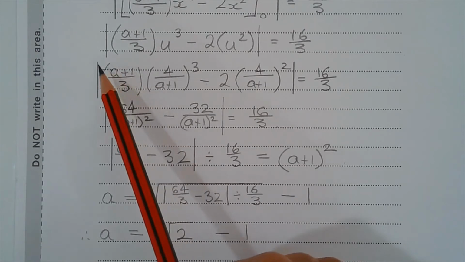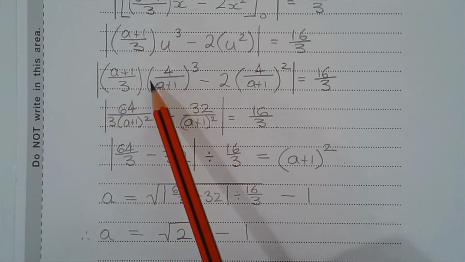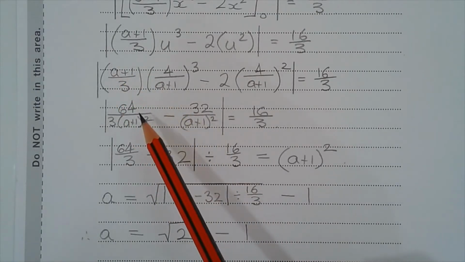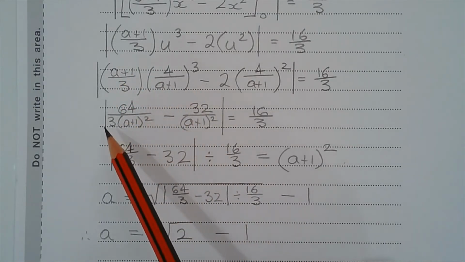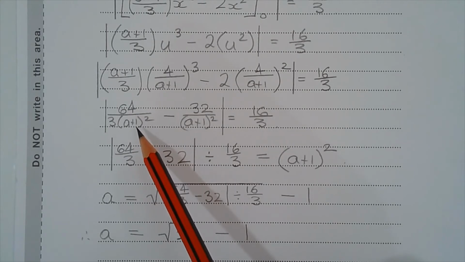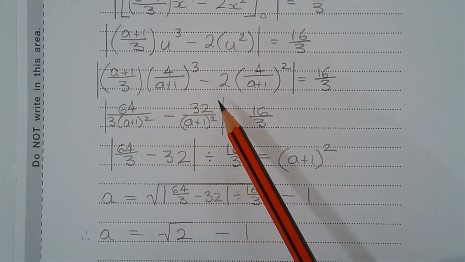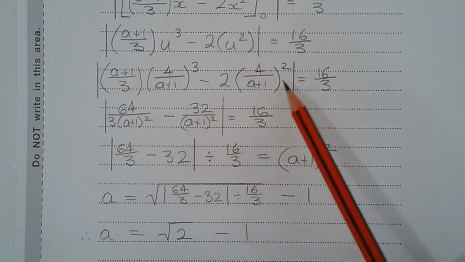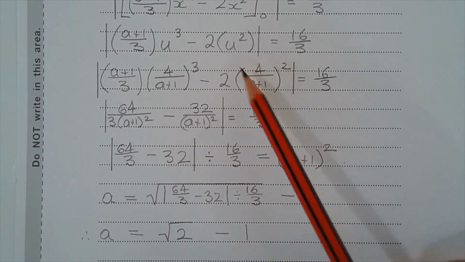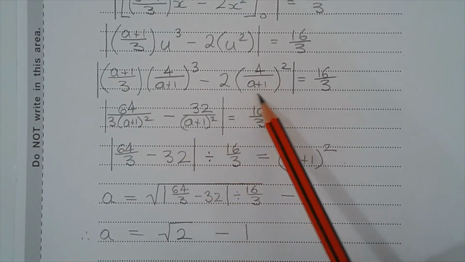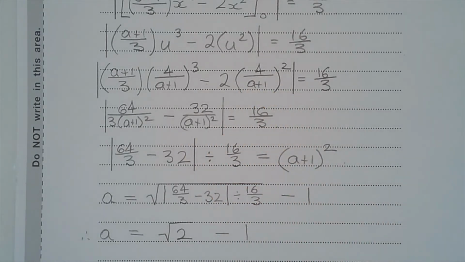So there'll be some cancellation, and we'll end up with 64 over 3 outside of a plus 1 all squared. That's the simplification of this term here. Minus 32 over a plus 1 all squared, which is a simplification of this term here. And that equals 16 over 3.